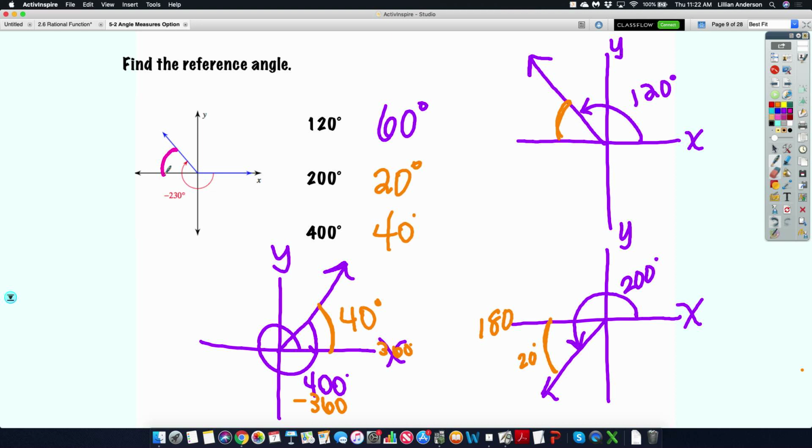How many degrees is that, you think? Always gotta be positive. How far is that terminal side from the x-axis?